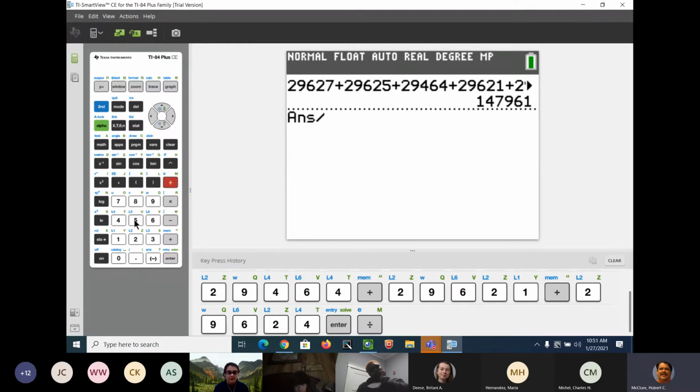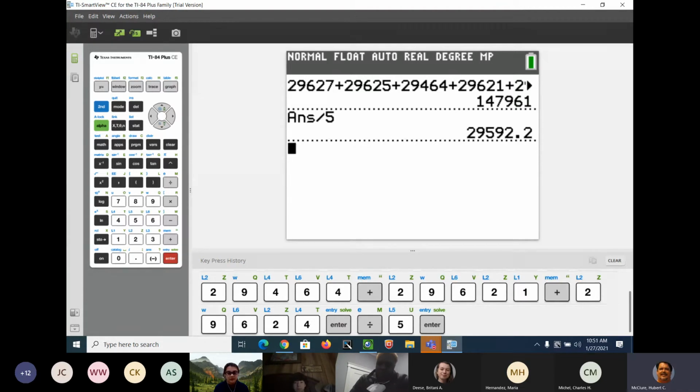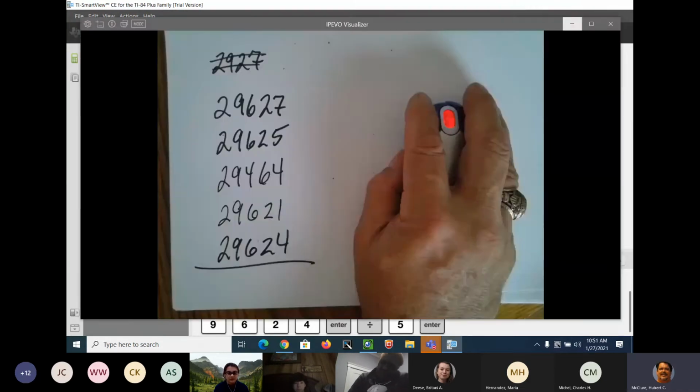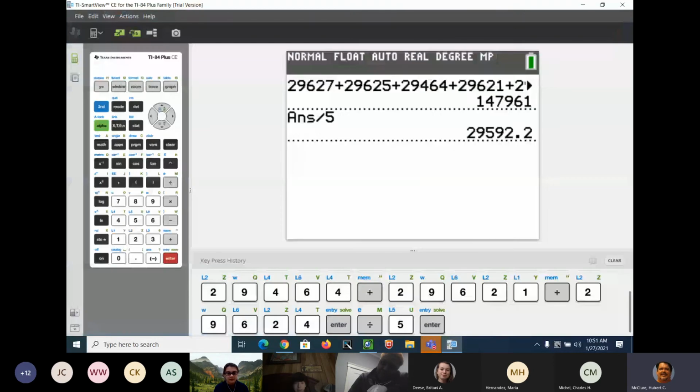All right, somebody tell me what that's the average of. 29592. Somebody tell me what zip code that represents. 29592 is the average.